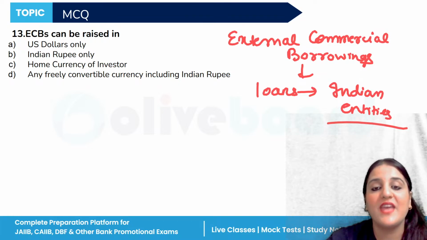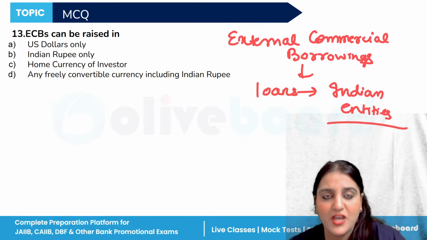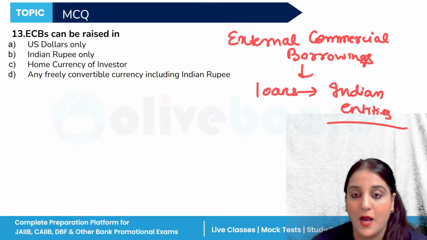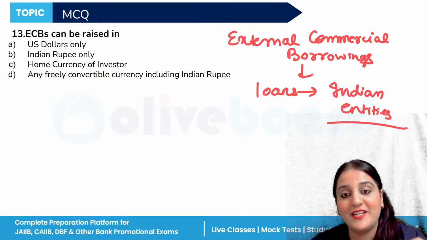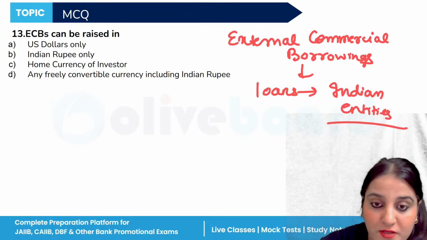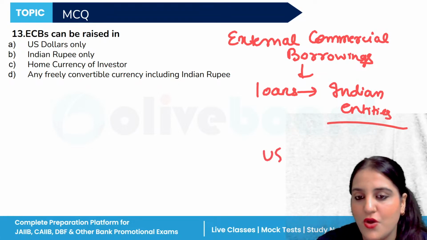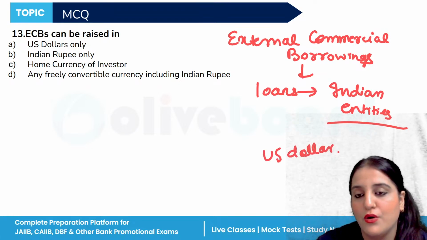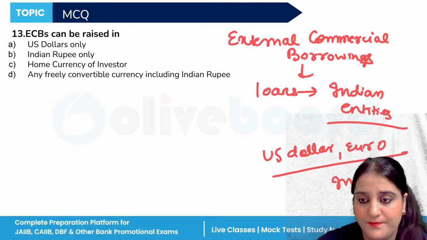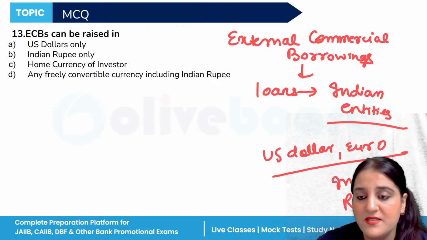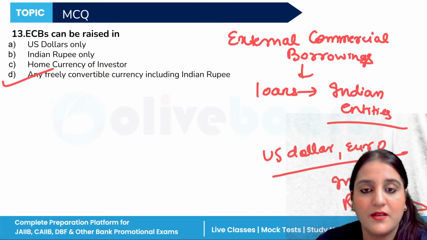These loans can be raised in any freely convertible currency, which allows Indian companies to tap into a broader pool of international financial options. This includes major currencies like the US dollar, euro, and others as well as the Indian rupee. So ECB can be raised in any freely convertible currency.